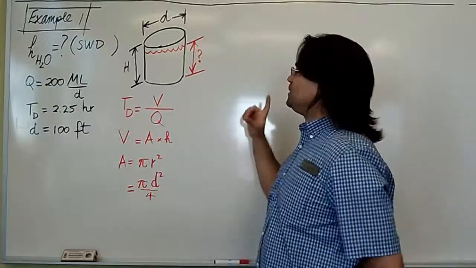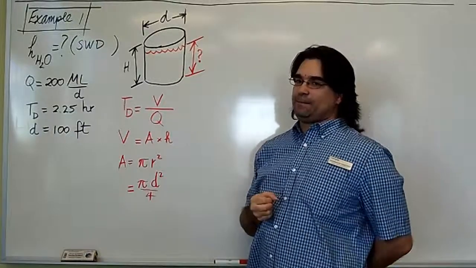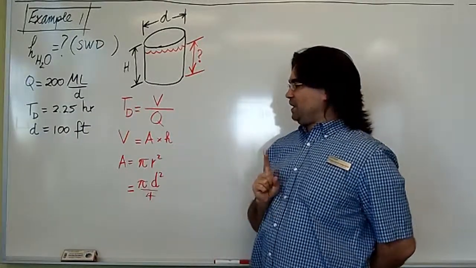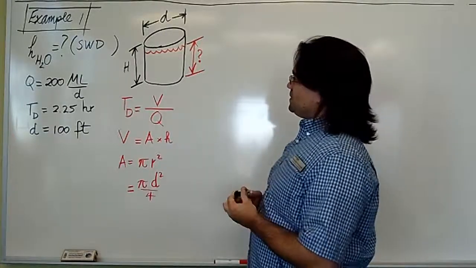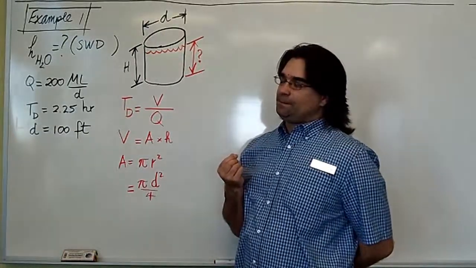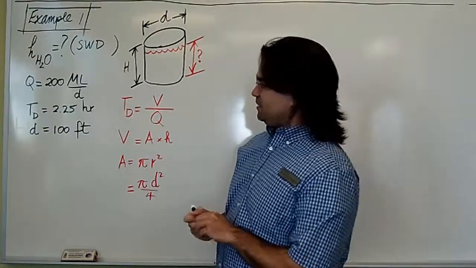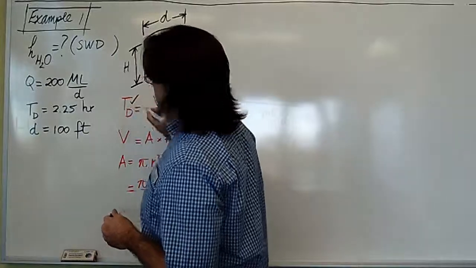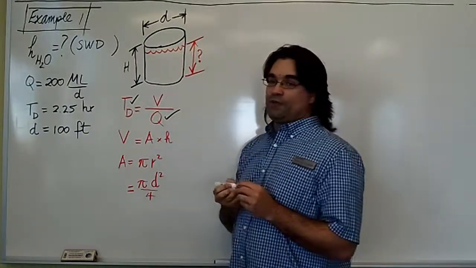What we're trying to find out is what the height of the water is in this tank. Okay, let's get to it. So the first thing we want to do is make sure that we have everything we need. By looking at this formula, I have the detention time, I have the flow rate through it.